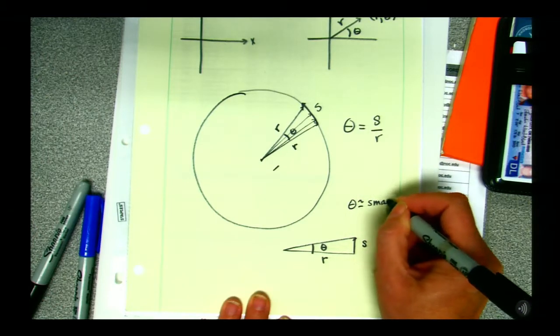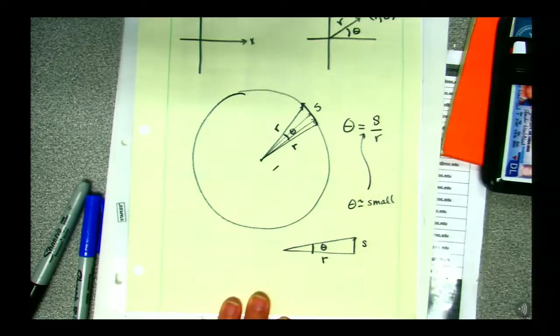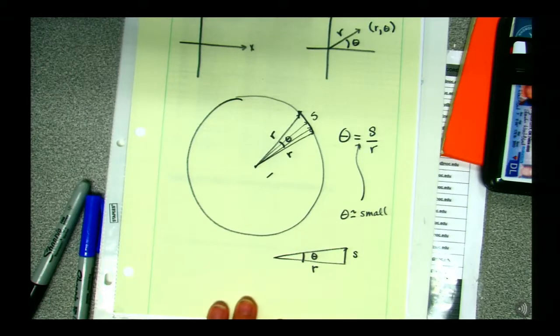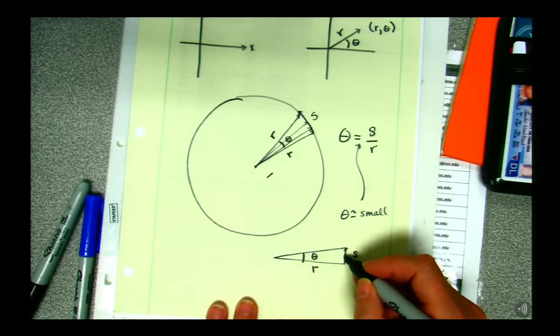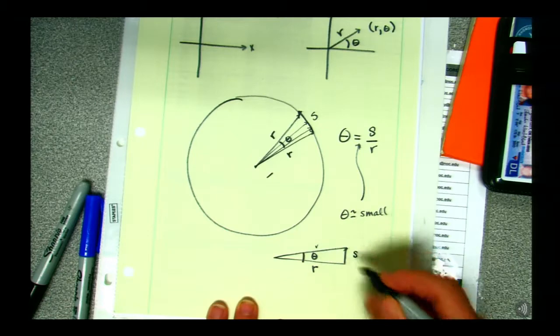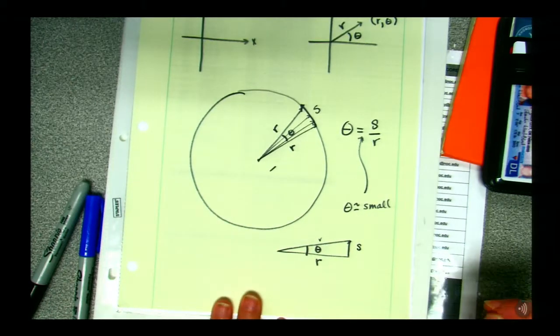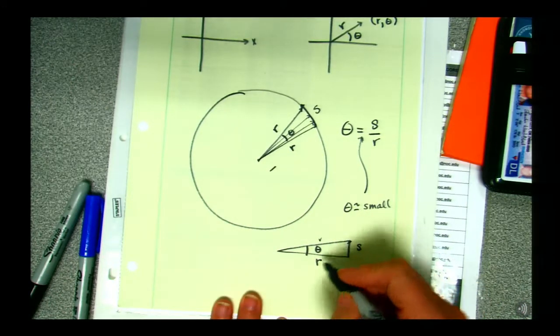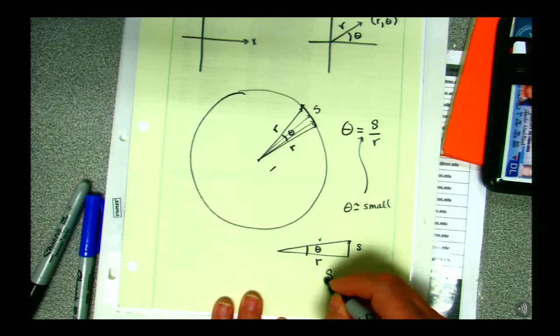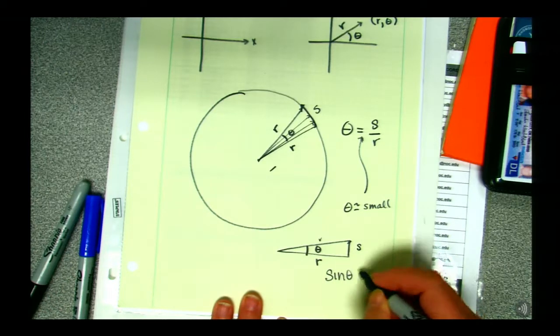This is the opposite, and this is R and this is R as well, if I'm doing it really, really small. If I did my opposite over the hypotenuse, the sine of the angle is approximately equal to the angle, provided that my angle is less than 10 degrees.